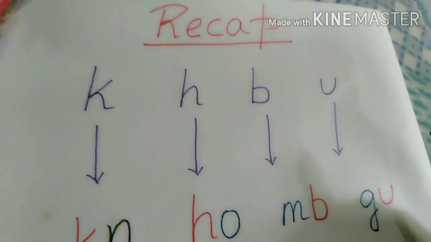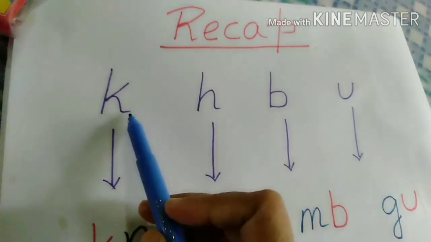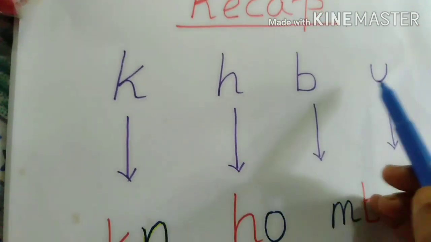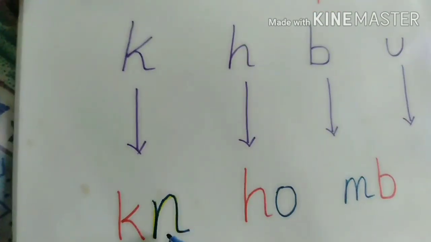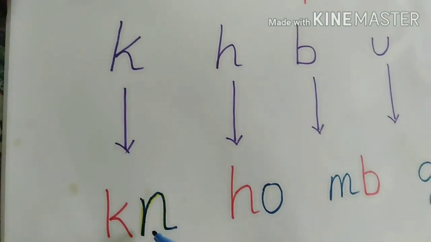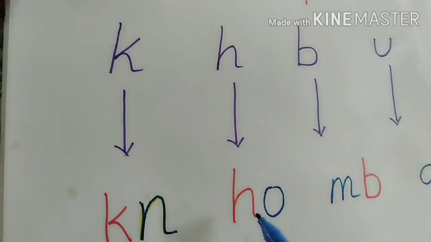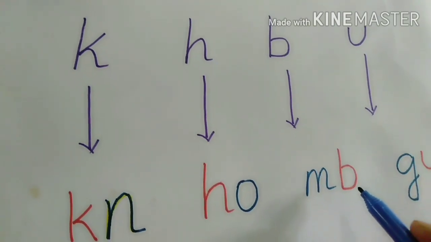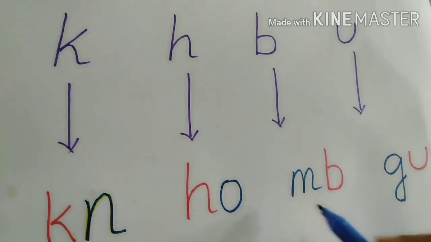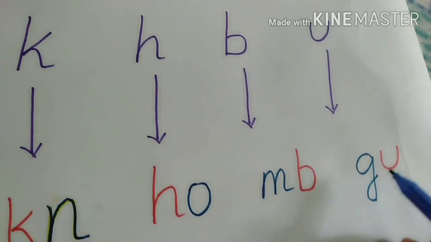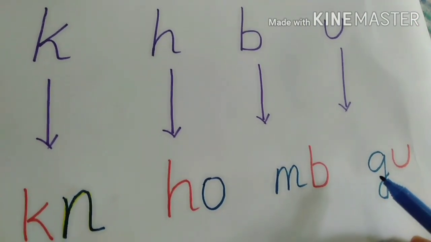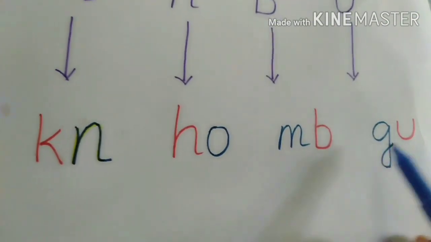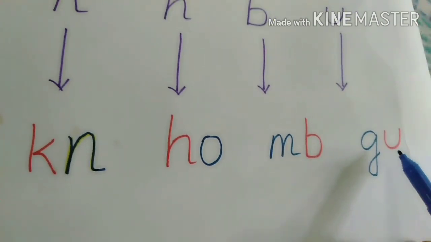Now the recap time. So today we have learnt about 4 silent letters. They are K, H, B and U. K is silent when it sits in front of the consonant N. H is silent when it sits in front of the vowel O. B is silent when it sits after the consonant M. And U is silent when it sits after the consonant G. In these cases, K, H, B and U will be silent letters.